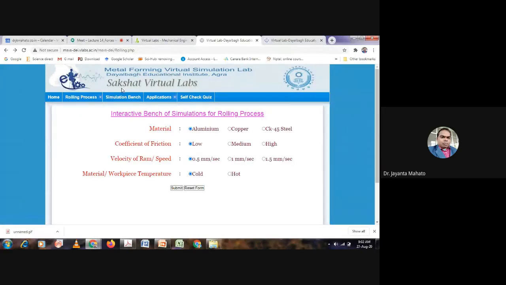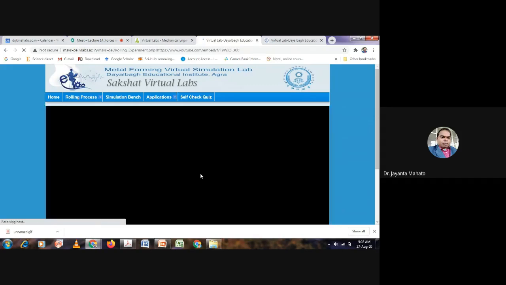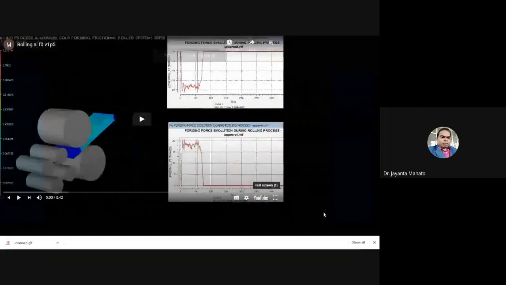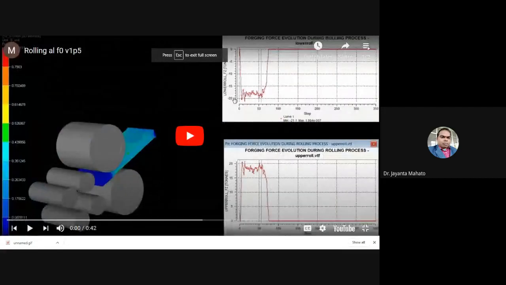Now, 5 minutes are remaining. If I change the velocity v from 0.5 to 1.5, under the same cold condition, what will we get? In this case, the force required in the lower roller is less compared to the previous one, below 20.